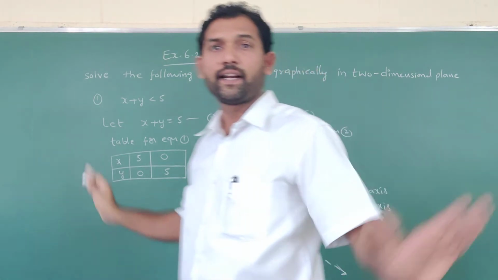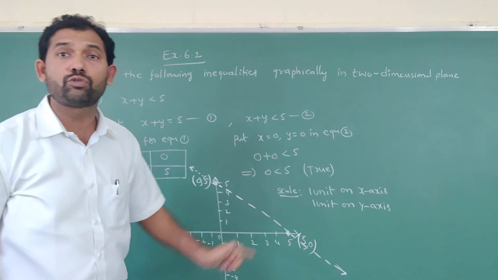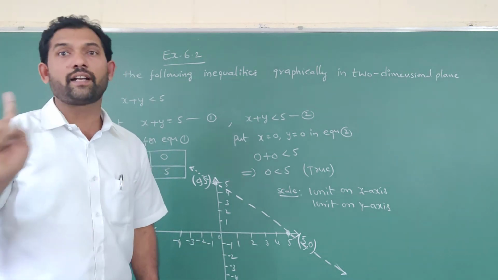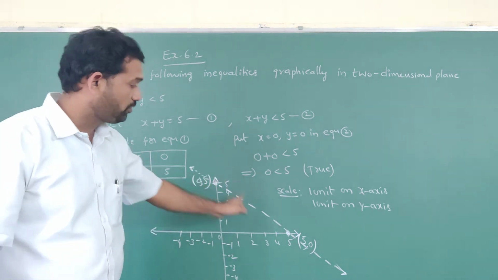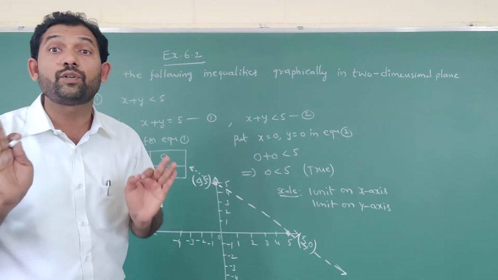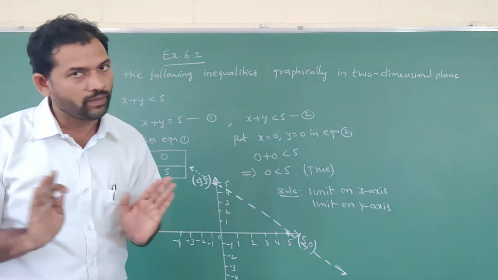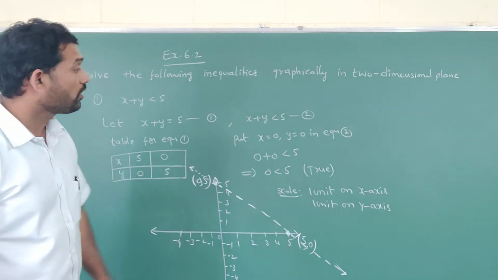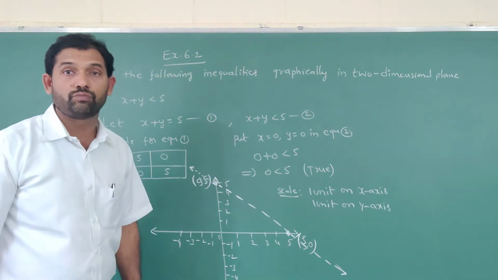If less than or greater than is given, you have to join these 2 points with dotted lines. Is it clear? After joining this one, now coming to equation number 2.